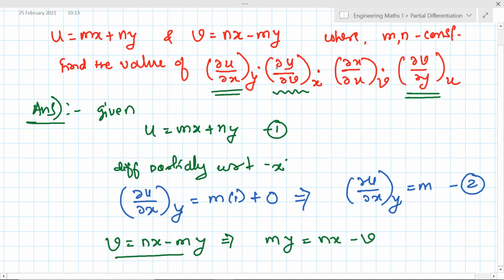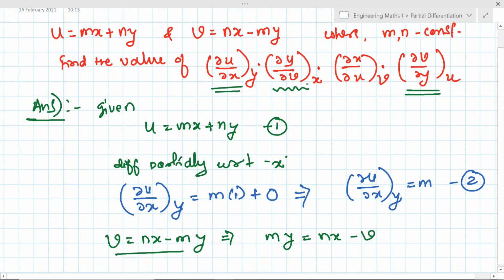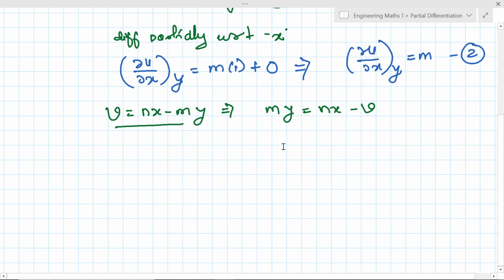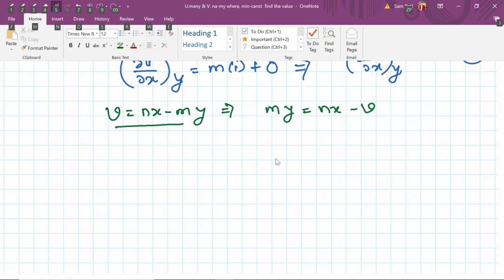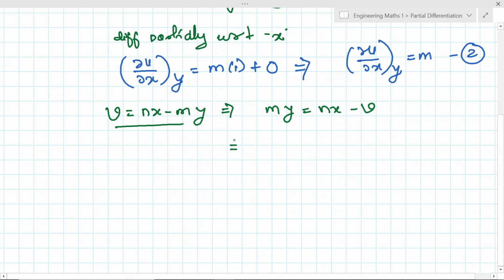So from this we can easily find out ∂y/∂v. Shift that m into the denominator. So from this, y = (n/m)x - (1/m)v.